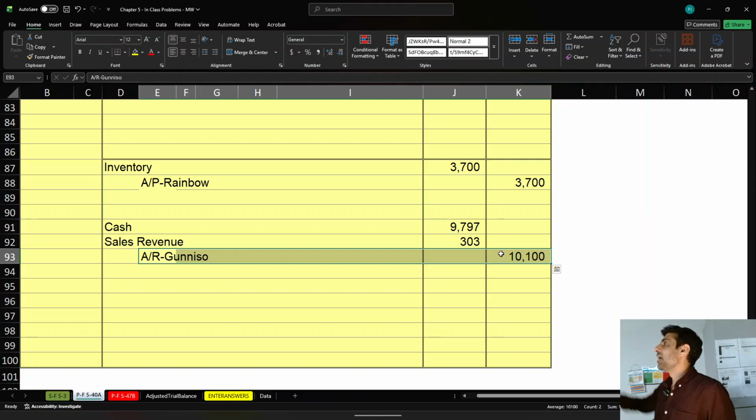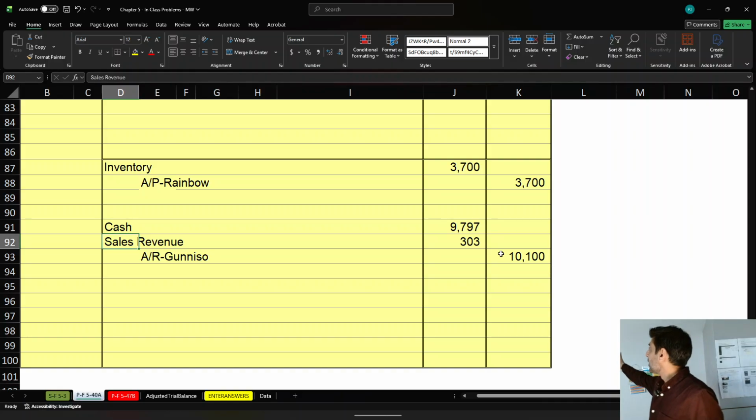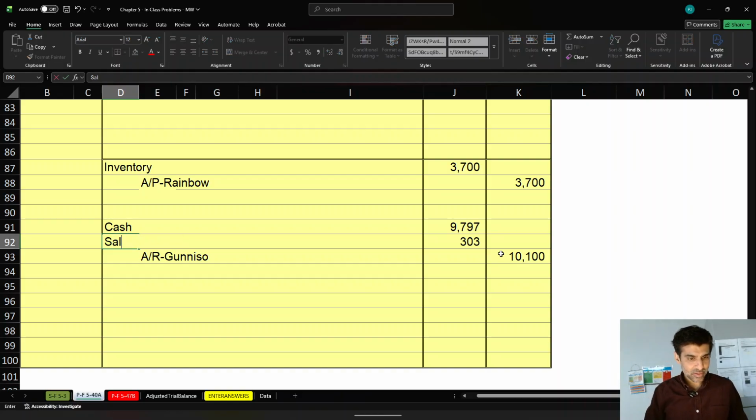I'm going to receive X amount of revenue, but I'm actually receiving less than that because they got this discount. Okay, so I've got to reduce my revenue. But again, we actually have a separate contra account for discounts when our customers take it. It's called sales discounts.